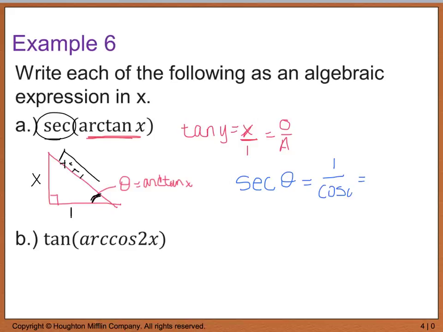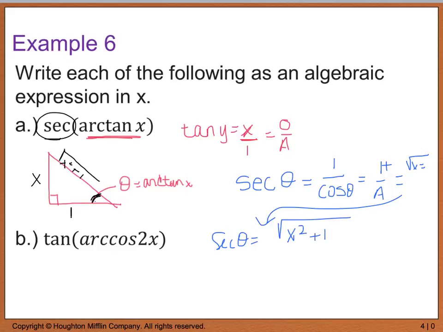Or when I think about it in terms of my side lengths, cosine is really adjacent over hypotenuse, so secant must really be hypotenuse over adjacent. So my hypotenuse is going to be the square root of x squared plus 1, divided by my adjacent side, which is 1. So this is just equal to the square root of x squared plus 1.